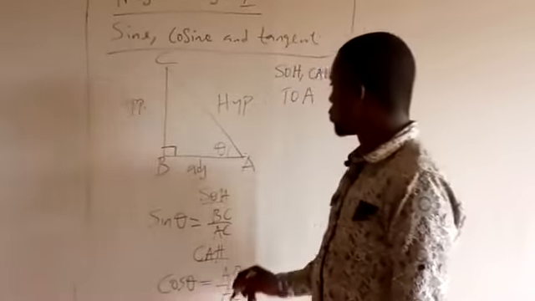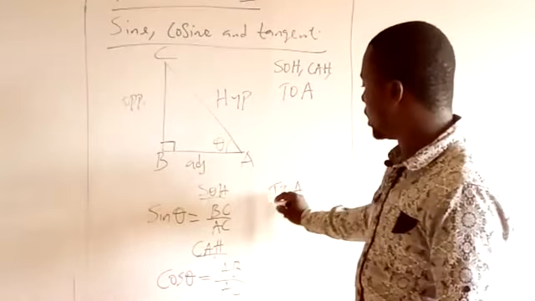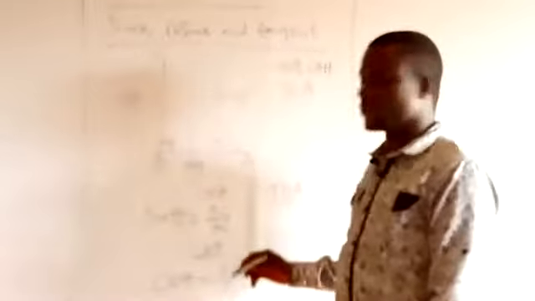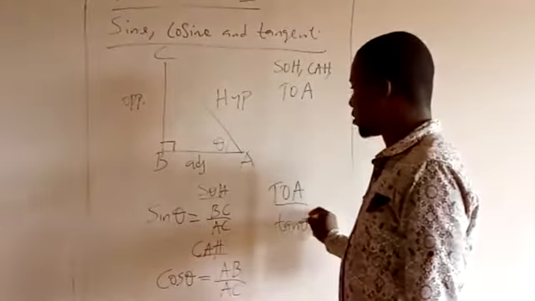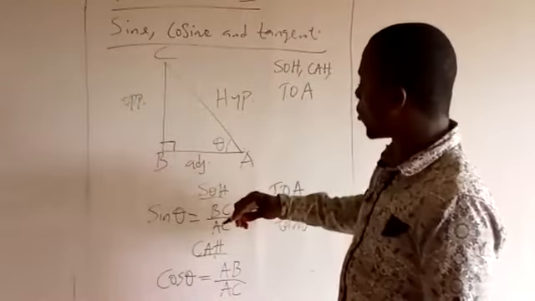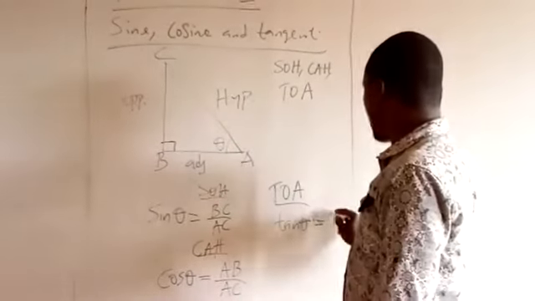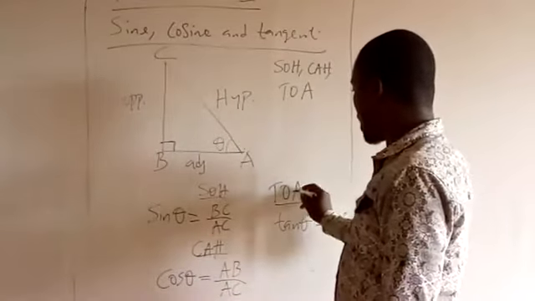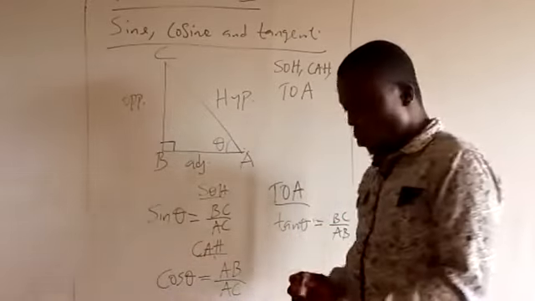And then we have the last one, TOA. The T stands for tan, or tangent of angle. So tan theta equals the opposite, BC, over the adjacent, AB. Hope you now understand.